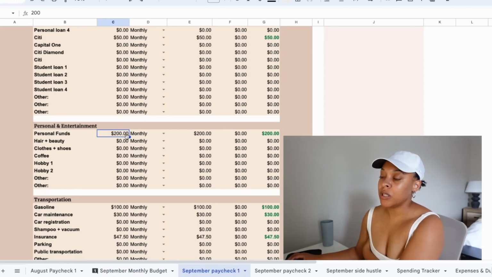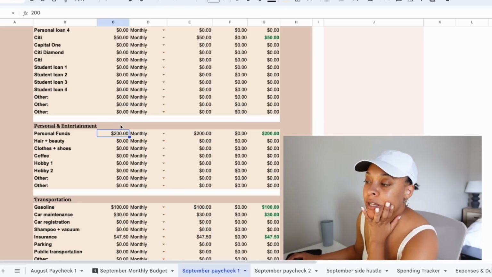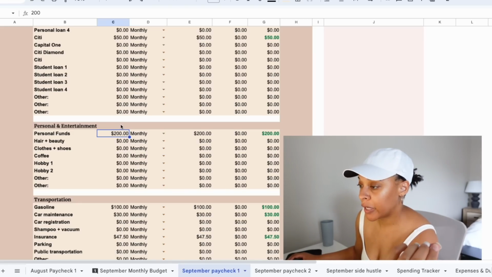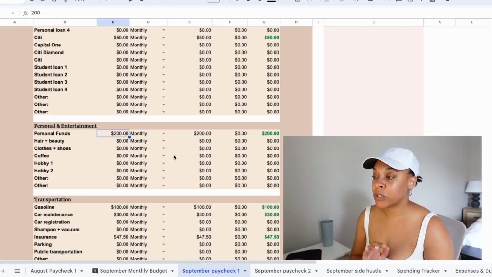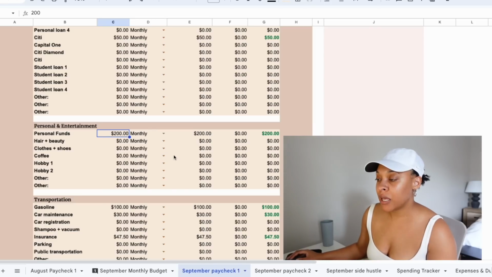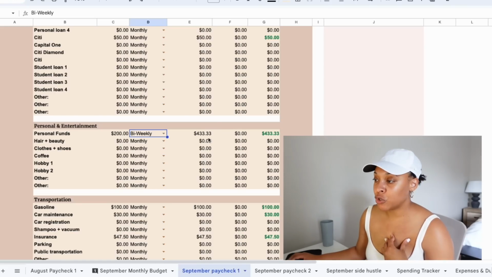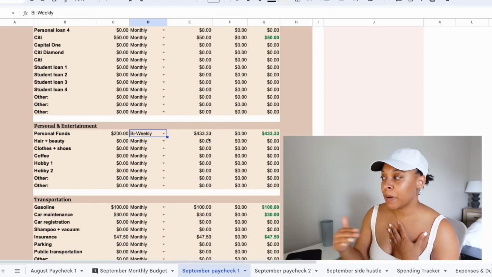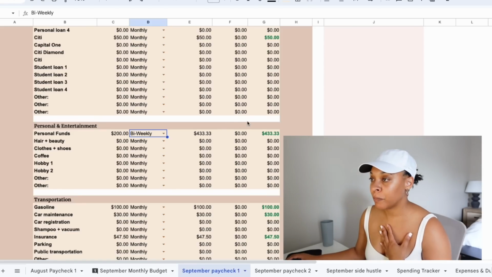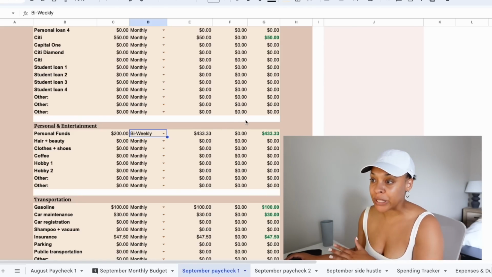So $480. I'm going to need $200 in personal funds per paycheck. And you see here I do it monthly because I need to have that amount show up as that amount. The tabs are helpful, but if you do it bi-weekly, it's going to show you the amount that you would need bi-weekly, over a period of X amount of weeks in a year.